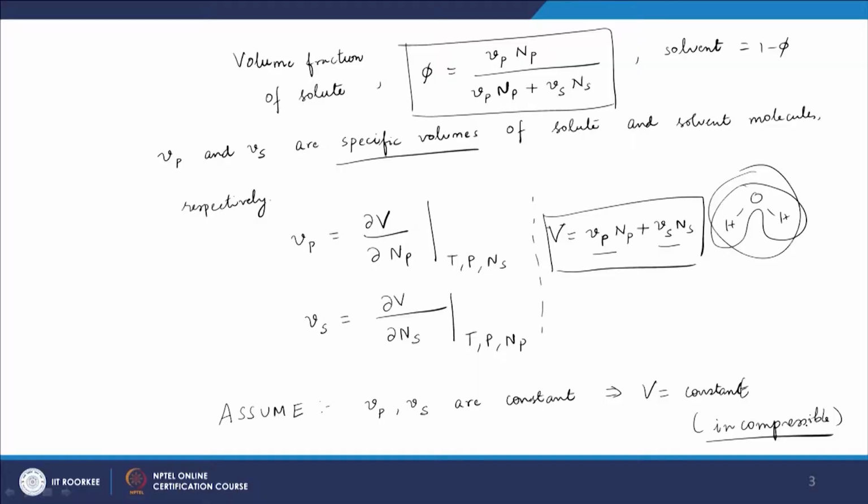That means volume is constant, and when the volume is constant, the system is considered incompressible. So, the pressure does not change the volume. Although pressure and volume are conjugate variables and we should work in terms of either P or V, since we assume V to be constant, it does not matter, I can work in terms of both P and V.